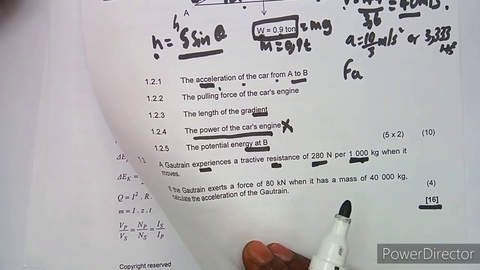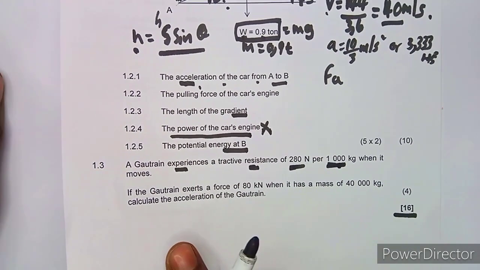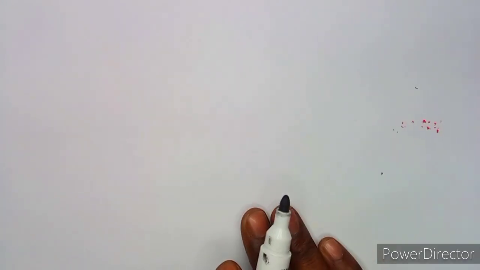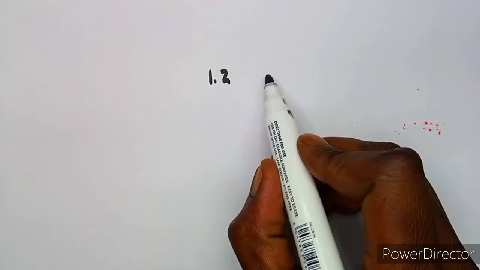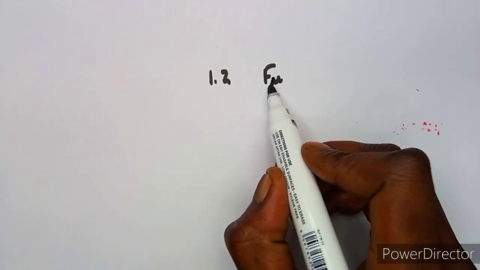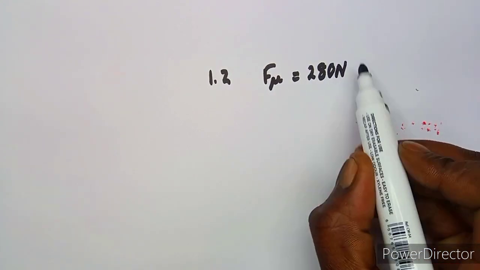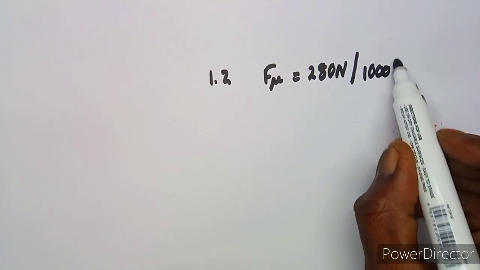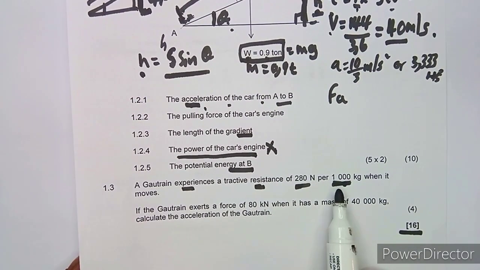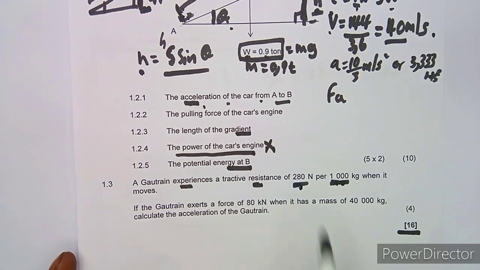So whenever there is a movement, this train is experiencing a tractive resistance, which is actually the frictional force of 280 Newton for each 1000 kg.